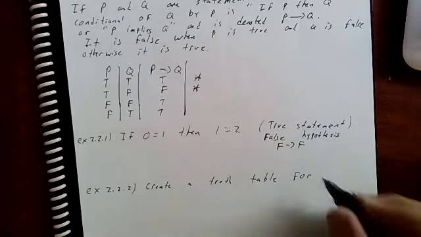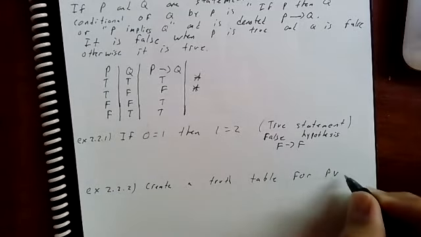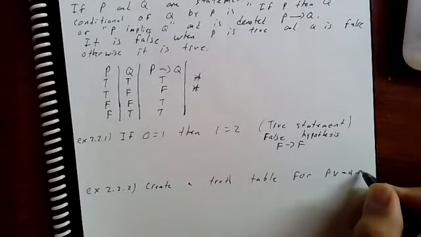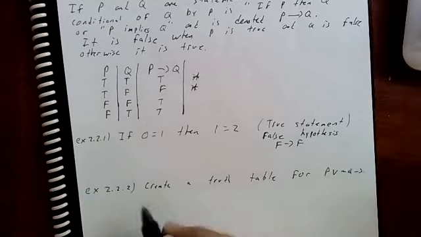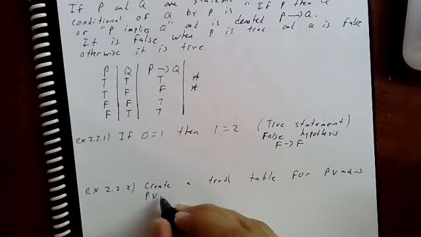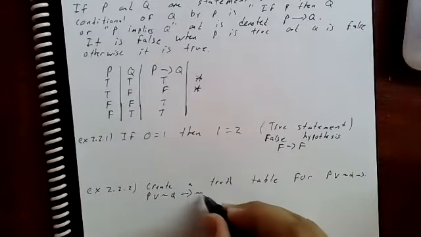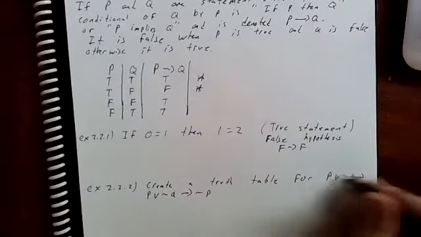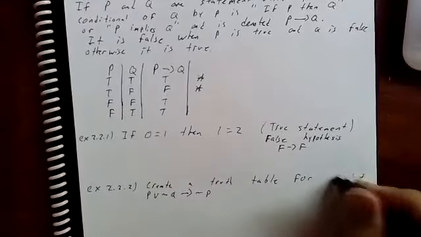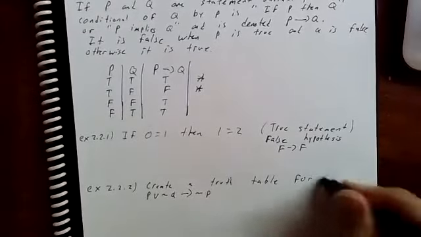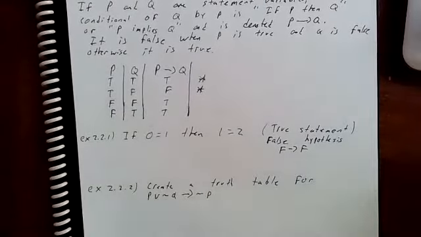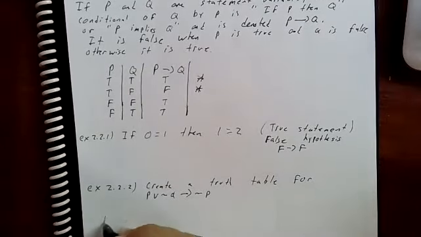Create a truth table for P or not Q arrow not P. Let's write it over here. P or not Q, arrow, not P. So I want you to just try this out for a bit on your own.